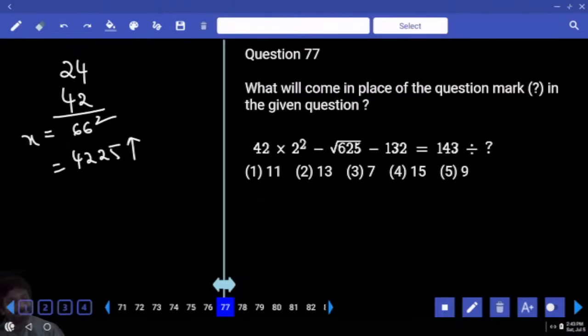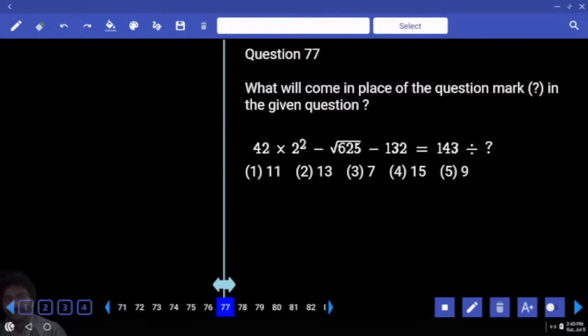Done? Where is your x? Right hand side. Numerator or denominator? Then x must be definitely a factor of 143. 143 is the product of two distinct first prime numbers. So 11 and 13. These two are factors. Got it?